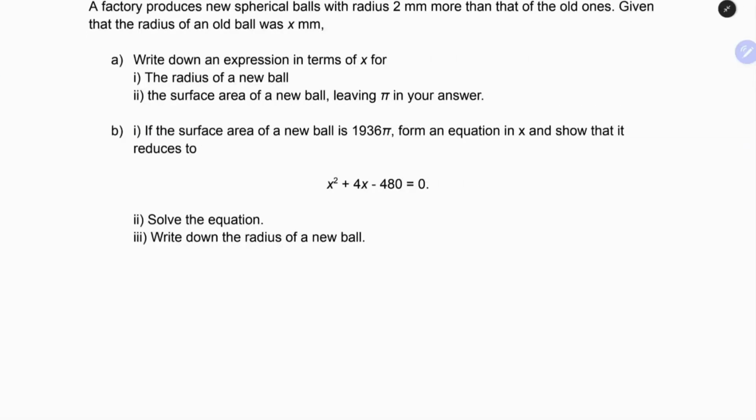The second question here says, a factory produces new spherical balls with radius 2 millimeters more than that of the old ones. Given that the radius of an old ball was x millimeters, we are to write down an expression in terms of x for the radius of a new ball.